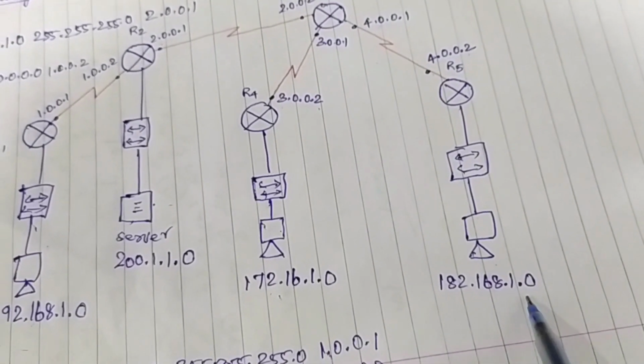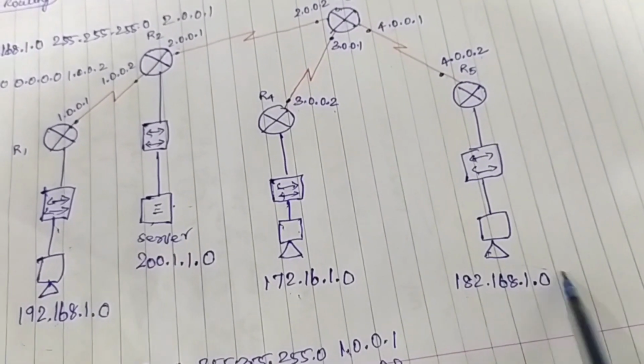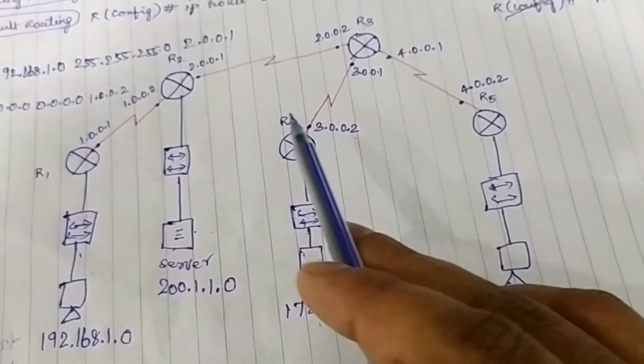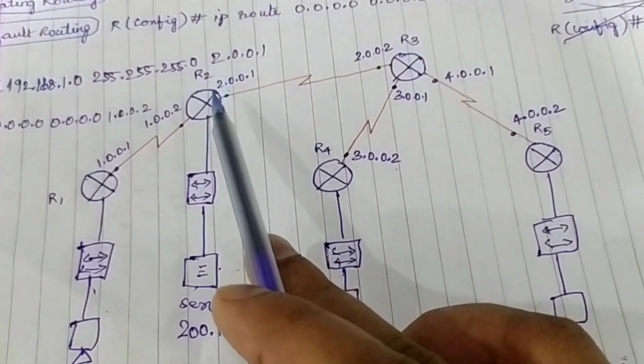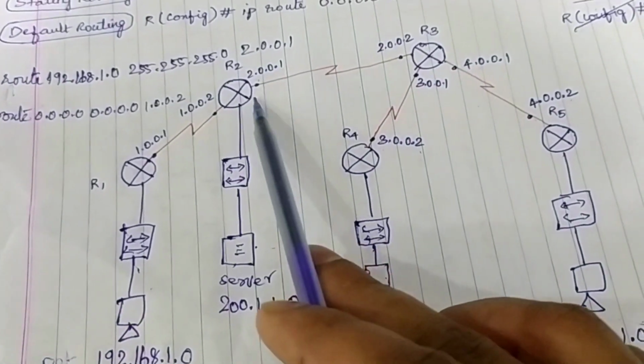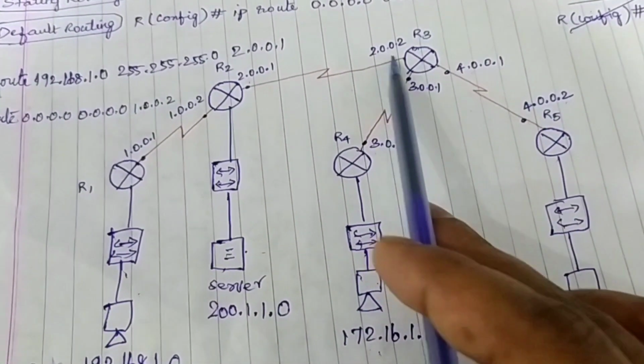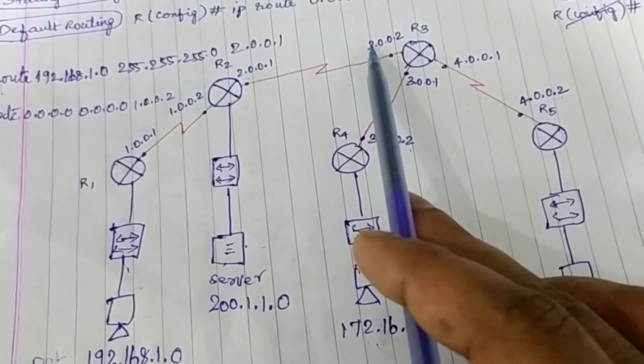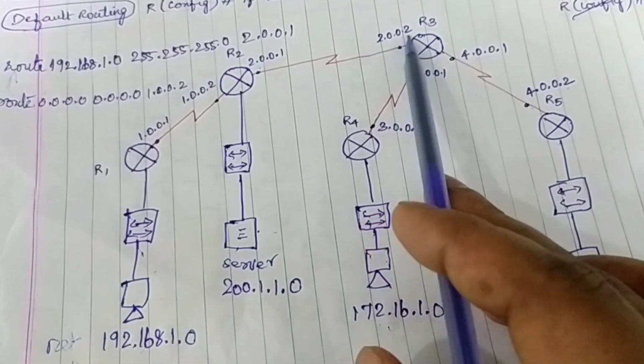Done. Similarly, one more network is there. This is the third network. So to reach this network, what is the route from R2? Same route only. It is coming through this link only, correct? So next hop also same, 2.0.0.2 only.